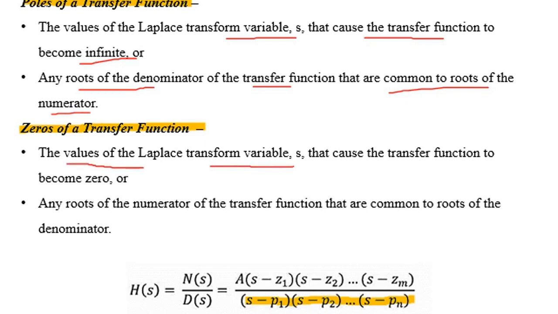In a similar way, the values of the Laplace transform variable s that cause the transfer function to become 0, or any root of the numerator of the transfer function that is common to the roots of the denominator, are known as zeros of the transfer function.